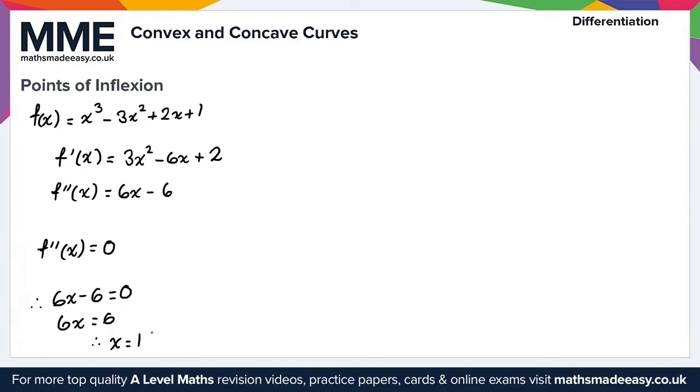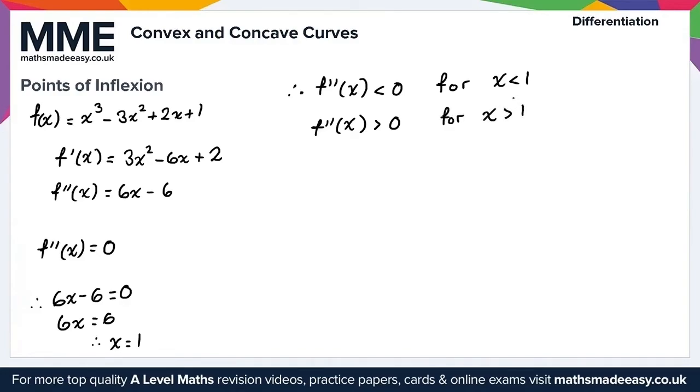So that tells us f double prime of x equals 0 when x equals 1. So therefore f double prime of x is less than 0 for x less than 1, and f double prime of x is greater than 0 for x greater than 1.